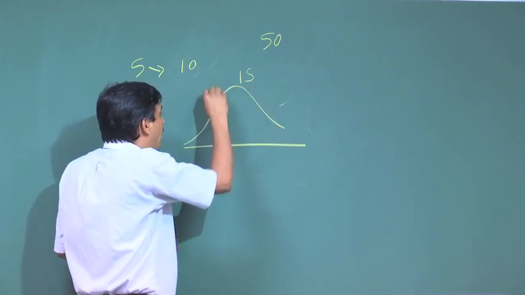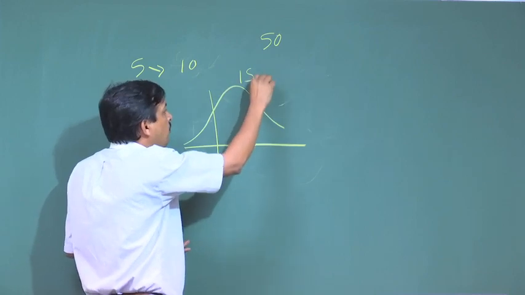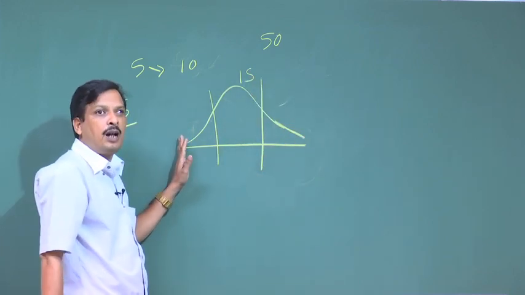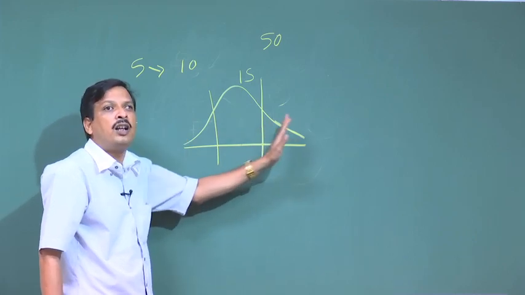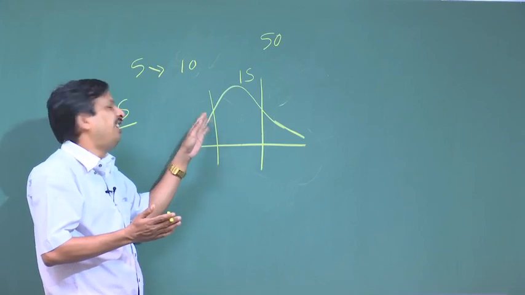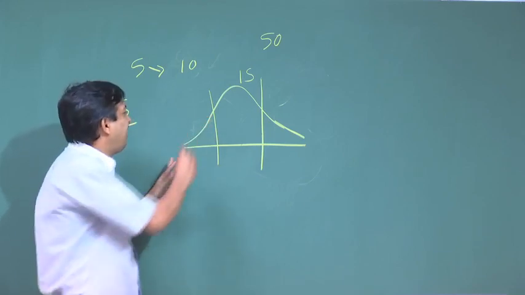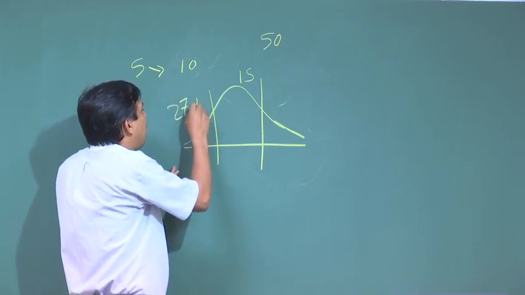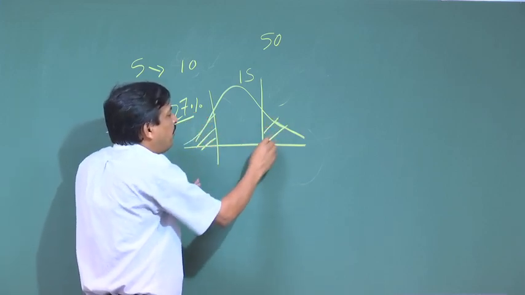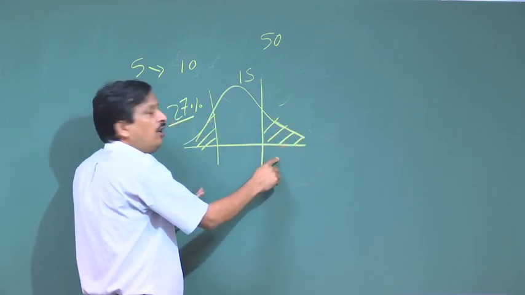So, there will be upper group students and lower group students. Let's say 27% of total students are upper group students and 27% are lower group students.